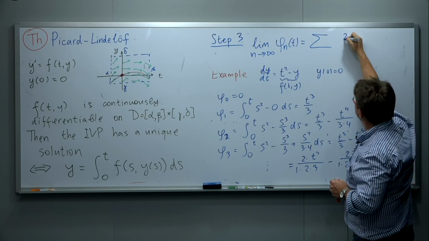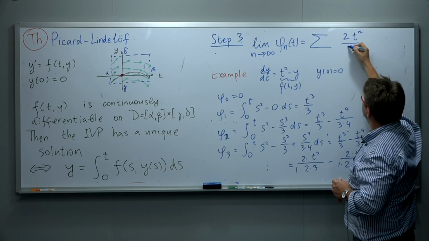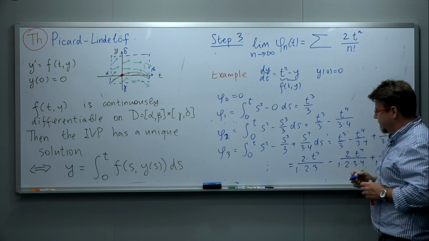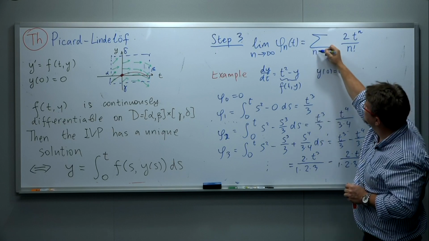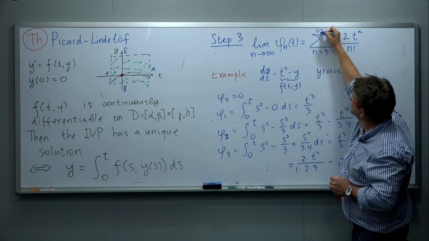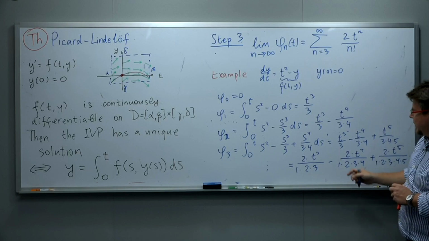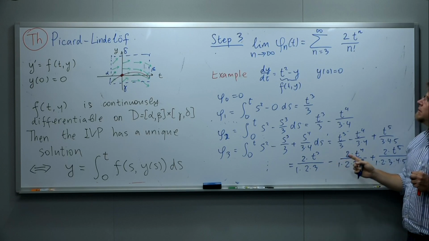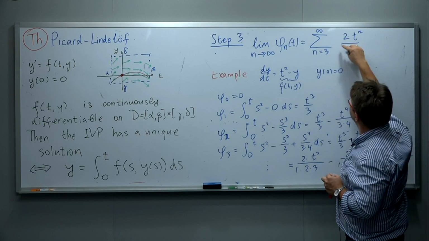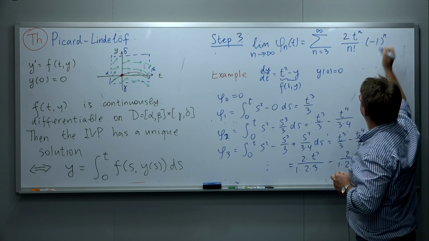I'm going to have 2 to the n over n factorial. Then the sum begins with the third term, so n from 3 to infinity. And then I'm going to have alternating plus and minus signs. To make alternating plus and minus signs, I need to multiply by minus 1 to the n.